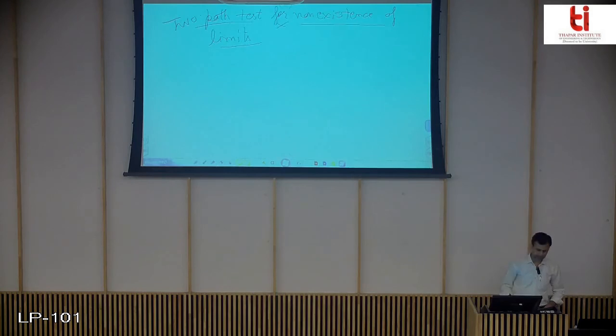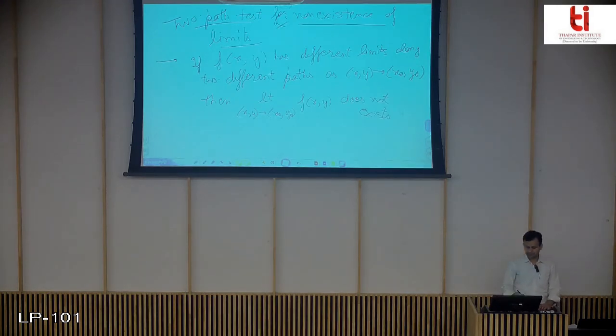So what he is saying is, if f(x,y) has different limits along two different paths as (x,y) approaches (x naught, y naught), meaning the paths that you are using to approach x naught, y naught, then the limit of f(x,y) as (x,y) tends to (x naught, y naught) does not exist.